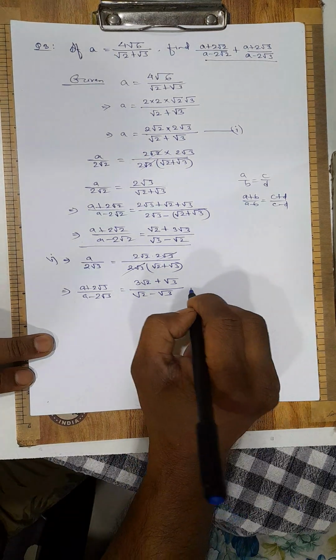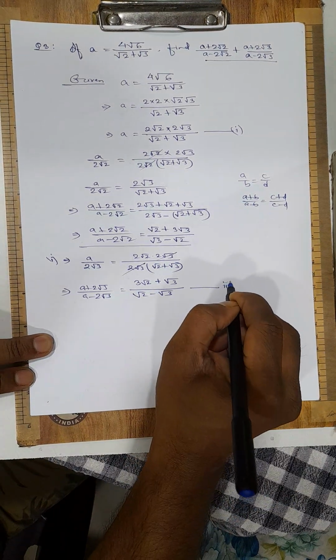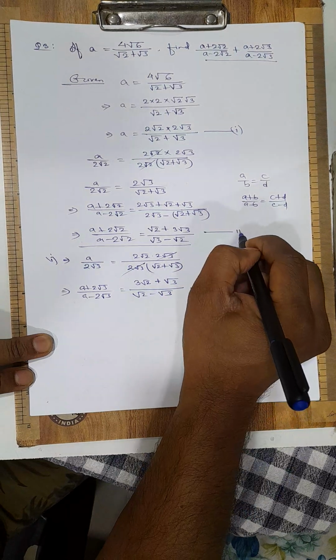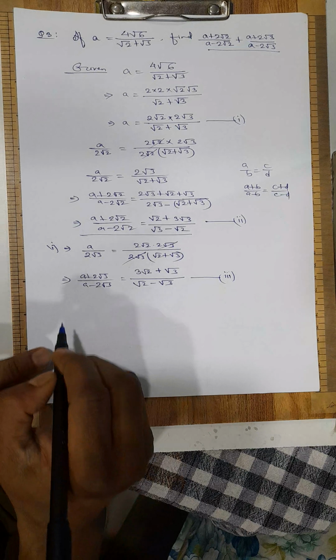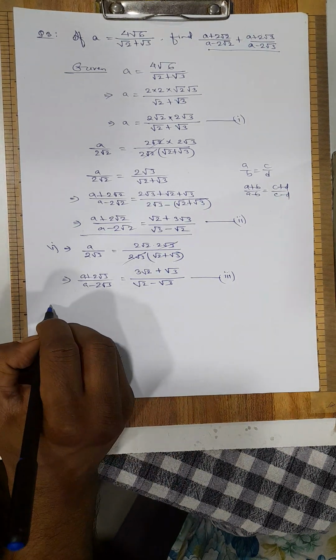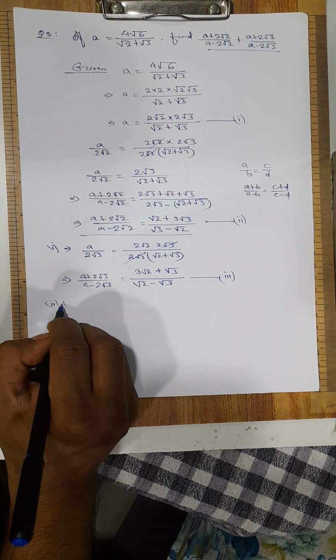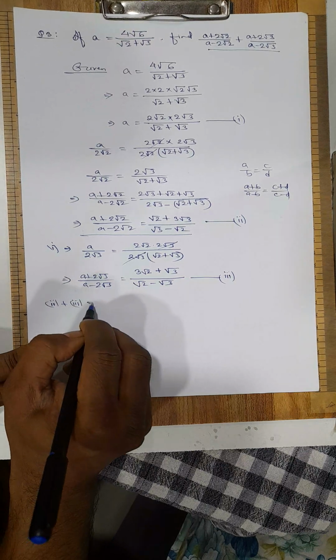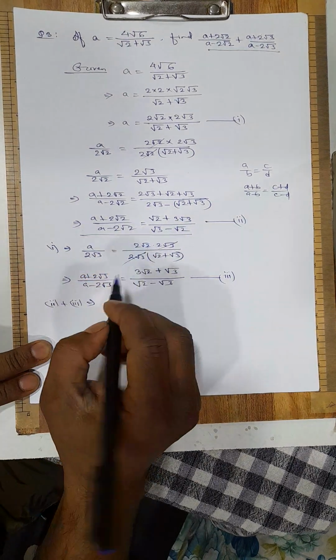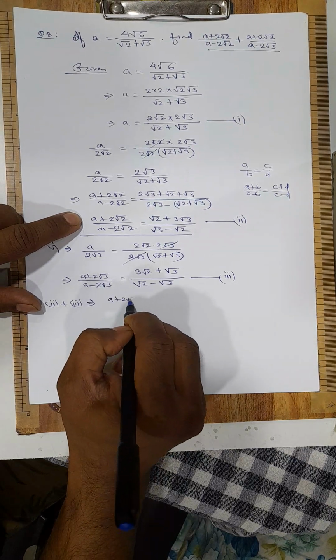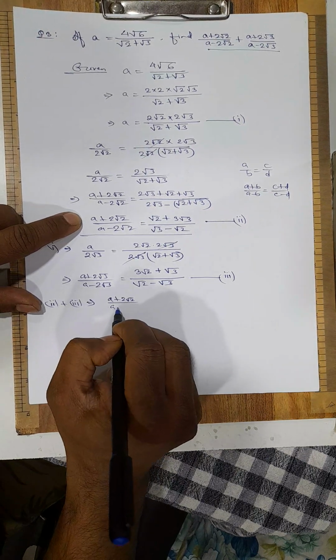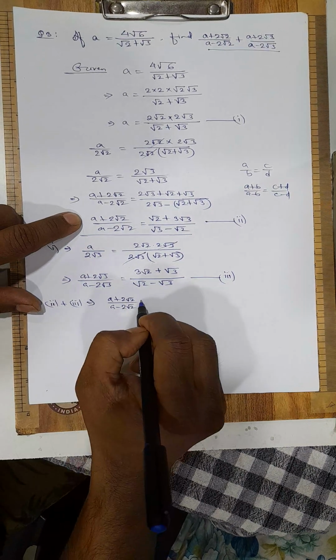This is say 3, and this part say it is 2. Right? Now let us add 2 and 3. Left hand side: (a + 2√2)/(a − 2√2).